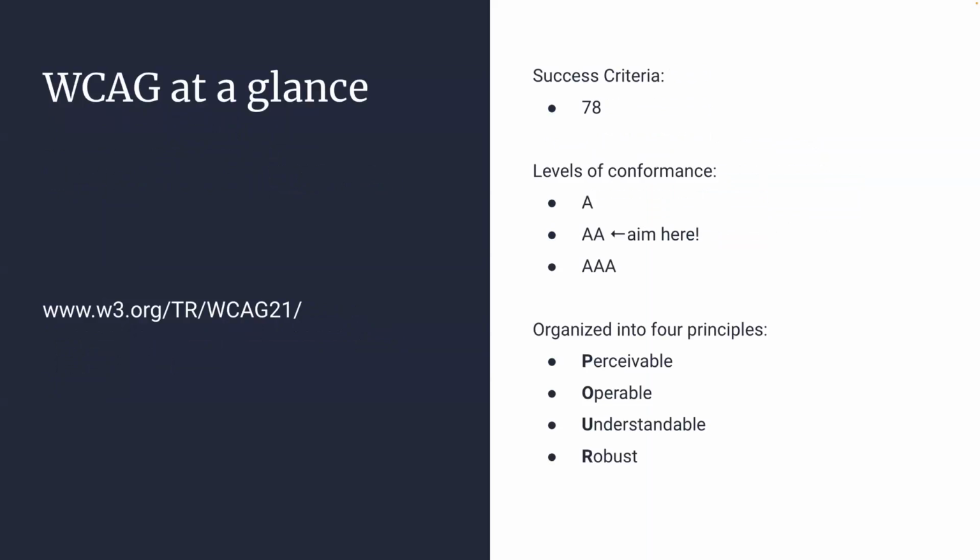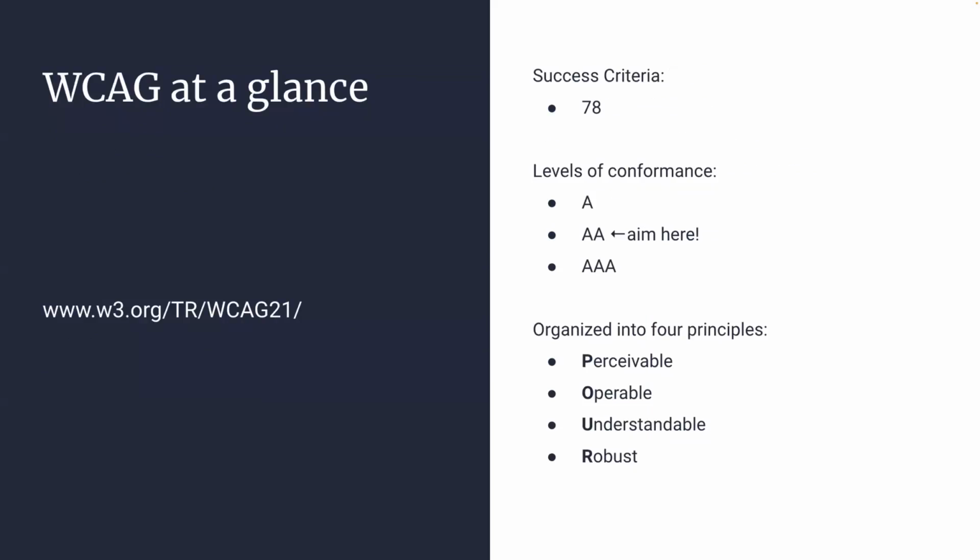There are 78 success criteria in WCAG 2.1. Each criterion has a conformance level of A, AA, or AAA. Each higher level includes the set of criteria from the prior level. AA includes A, and AAA contains AA. Level A is the minimum level of compliance and covers the broadest audience, but barriers will still exist for people with disabilities.